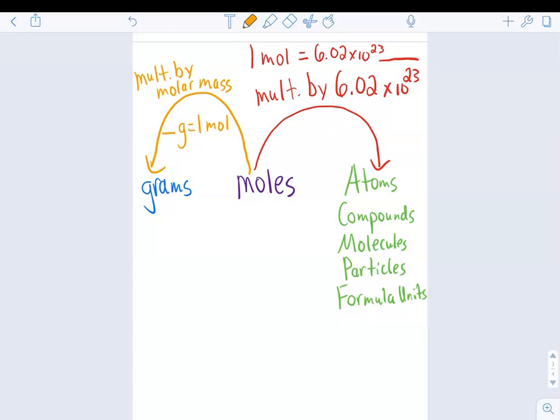Because we've talked about the fact that molar mass is literally the mass of 1 mole of whatever our substance is. Okay? And then, if we are given grams and we're going to moles, then we're going to do the opposite. We're going to divide by our molar mass.